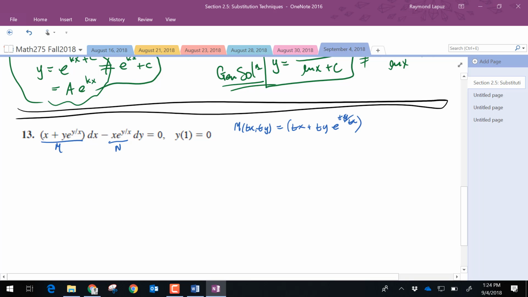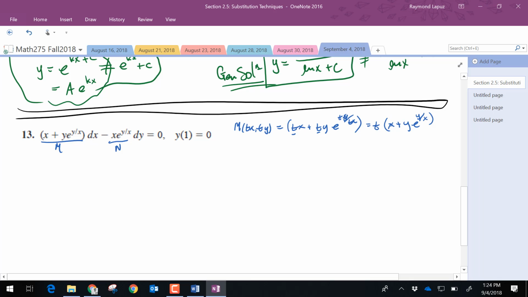So in the power of e, the t's would cancel, and that's just y over x. And then down in the base, there's a t that we can factor out. And so this is exactly what M was equal to to begin with.